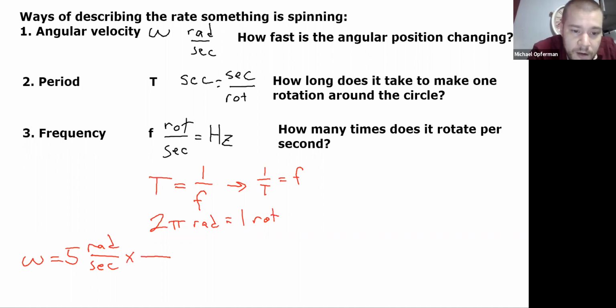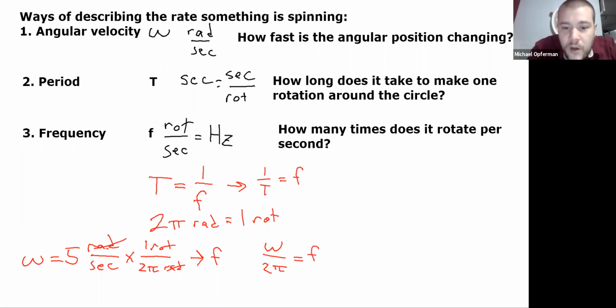We want to get rid of that. So multiply by 2 pi radians divided by 1 rotation. Radian cancels out. And so if you divide omega by 2 pi, that's going to give you the frequency. So omega divided by 2 pi equals frequency. Or conversely, omega is 2 pi times the frequency, if you want to go the other way.